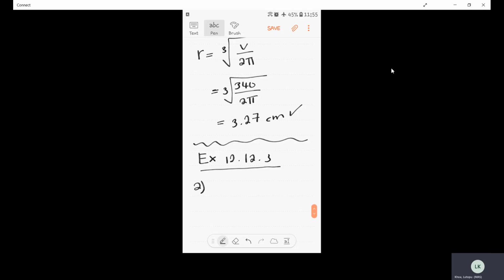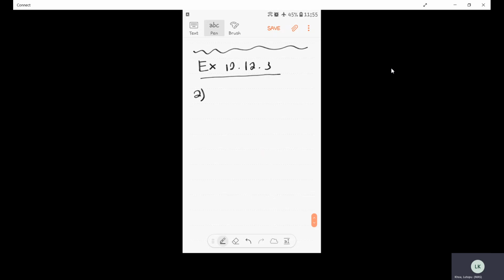Now with this question, you are told that a farmer wants to fence off some land. So he has 100 meters of fencing and he wants to create a rectangular sheep pen with one boundary along a stream.